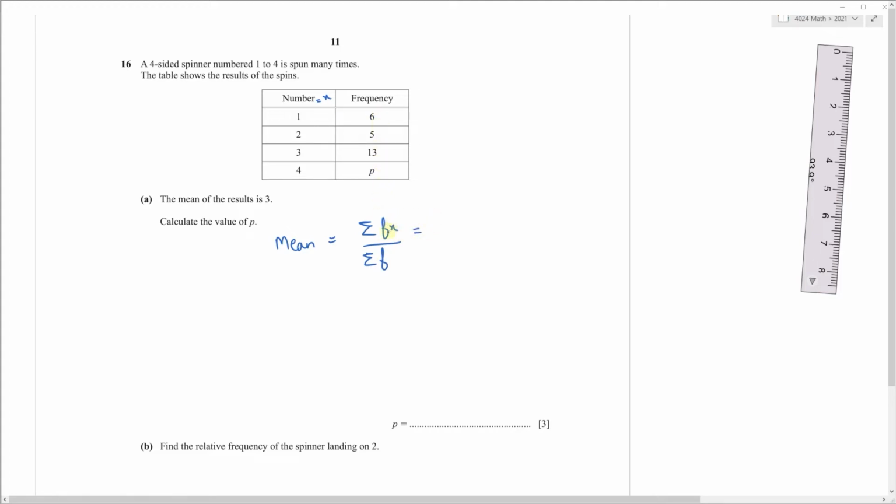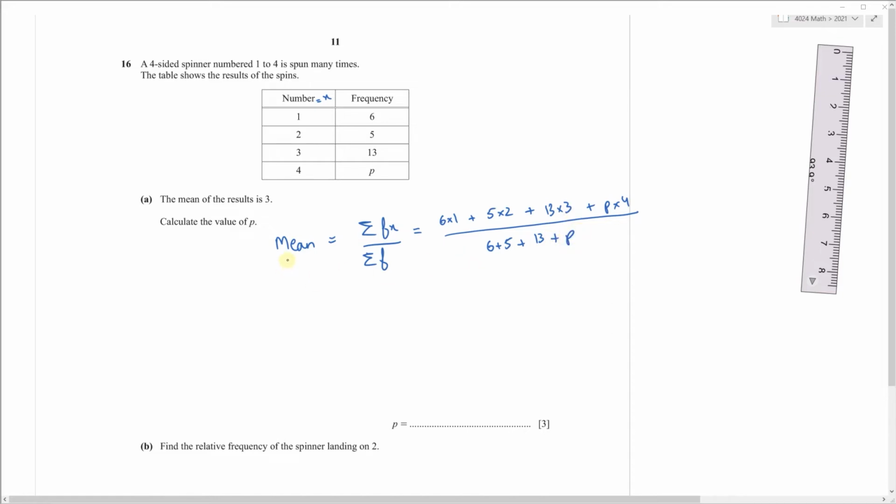So sigma fx in the numerator will be 6 times 1 plus 5 times 2 plus 13 times 3 plus p times 4, divided by the sum of all frequencies, which is 6 plus 5 plus 13 plus p.